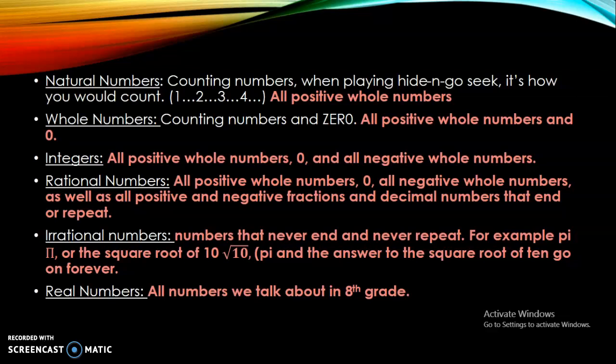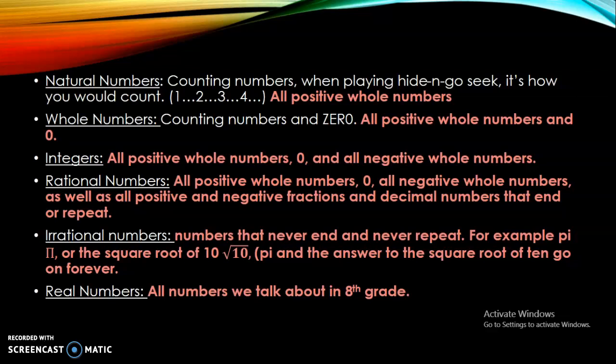And then completely opposite of everything listed above is irrational numbers. Those are the super weird ones that we'll never solve. We can spend the rest of our lives trying to figure out the end of that number, and we'll never get there. What do I mean by that? It's numbers that never end and never repeat. Most of you are familiar with pi, and we say that pi is 3.14, but that's just an estimate because that number goes on forever.